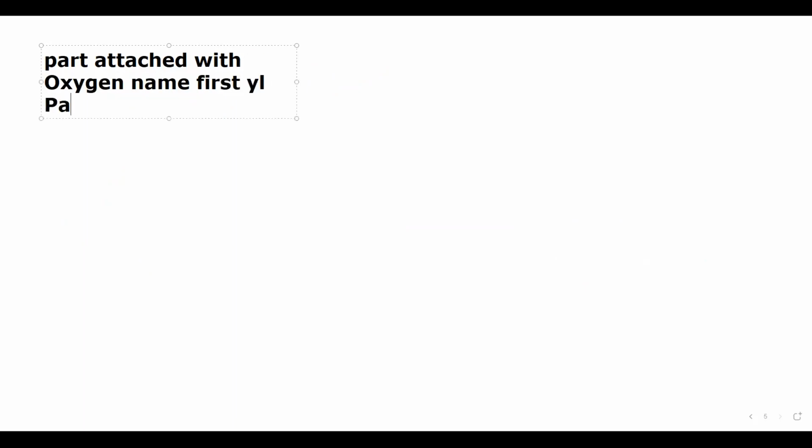Again the same way, the part attached with oxygen we name first, and that should have YL, and the part attached with carbon we name second, and that should have OATE.